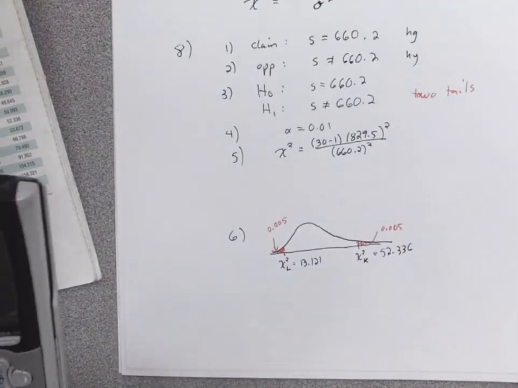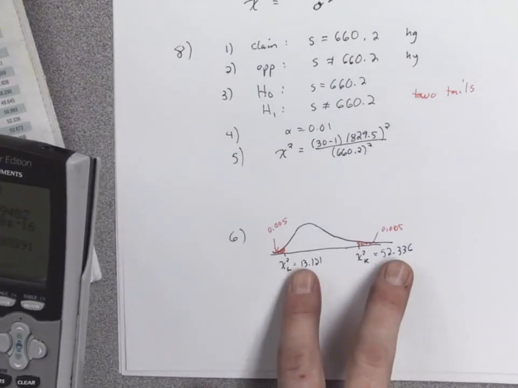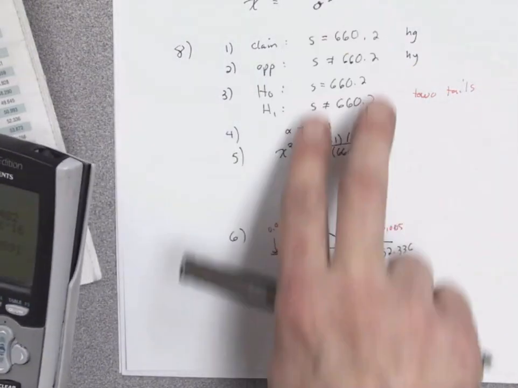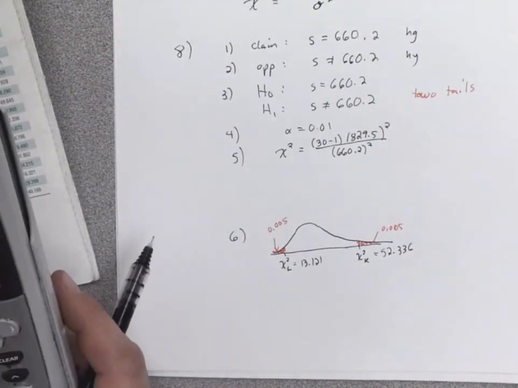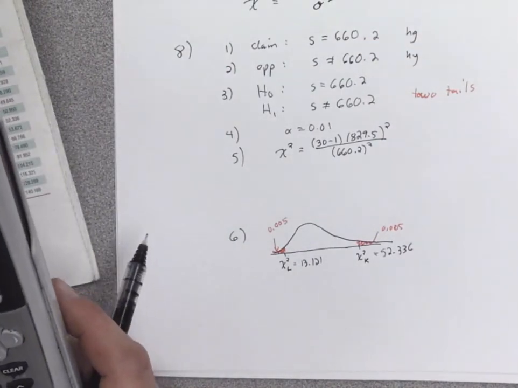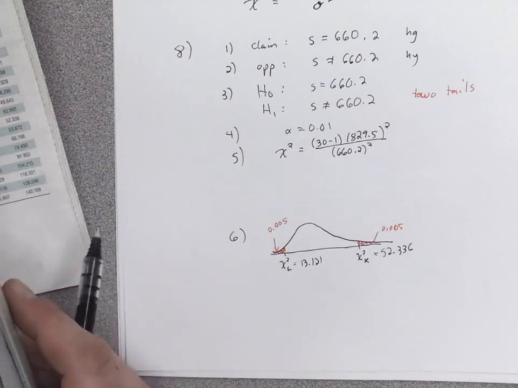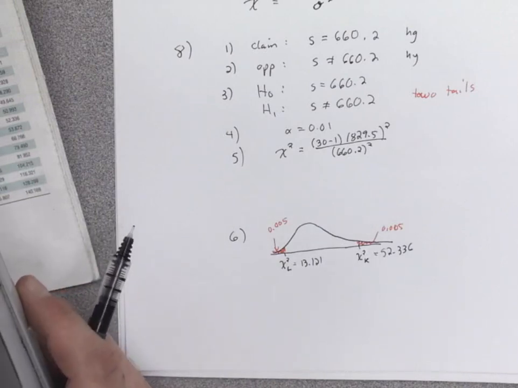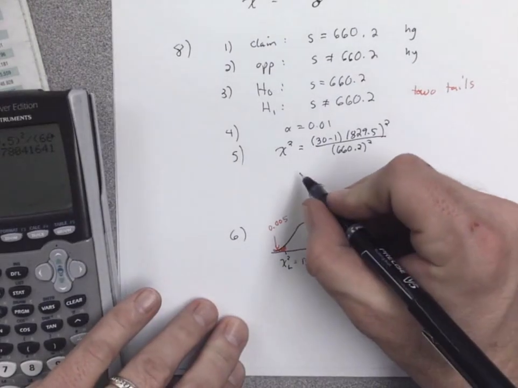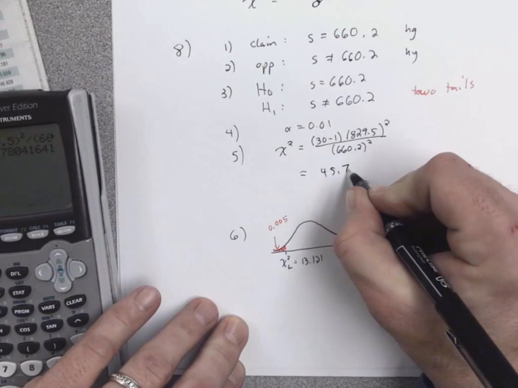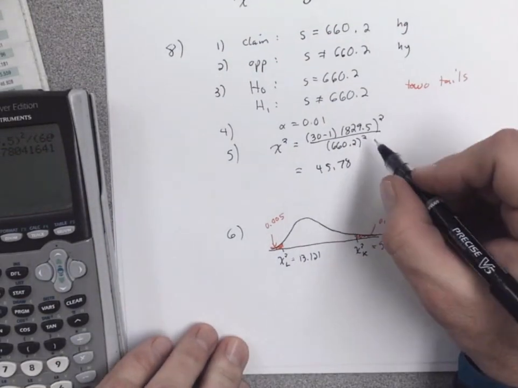Again, like I said, it's very similar to what we did before. These just come from chi-squared, but your whole setup is the same. So plugging this in, 29 times 829.5 squared divided by 660.2 squared is going to give me 45.78.